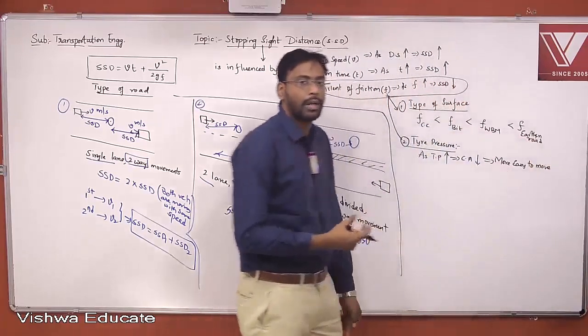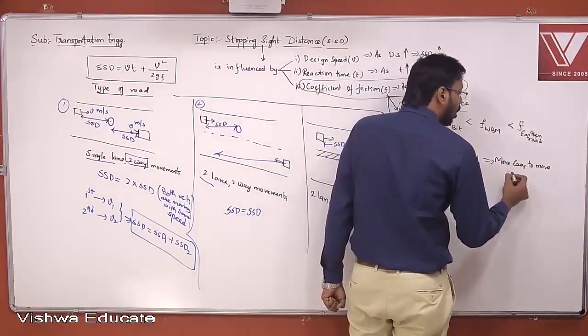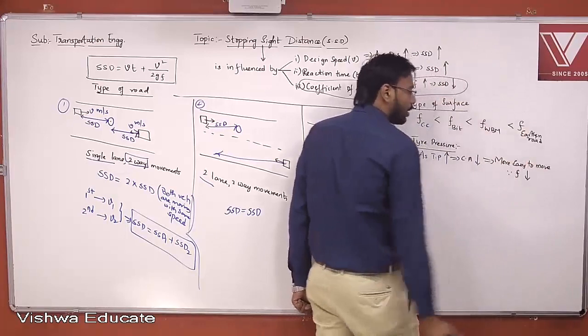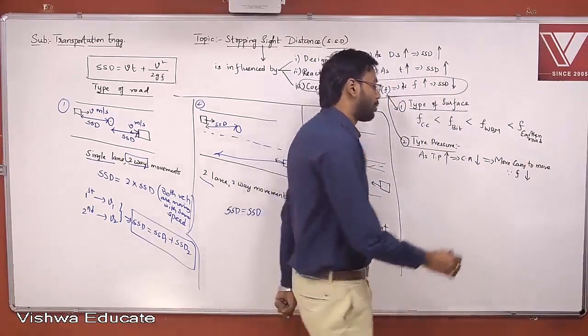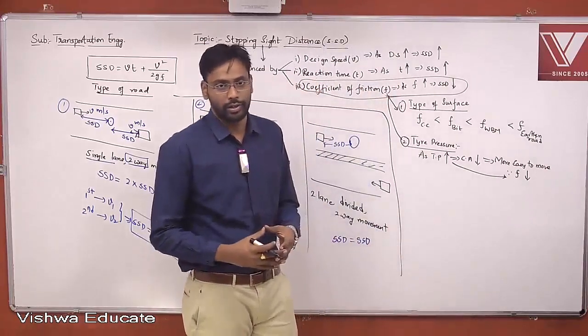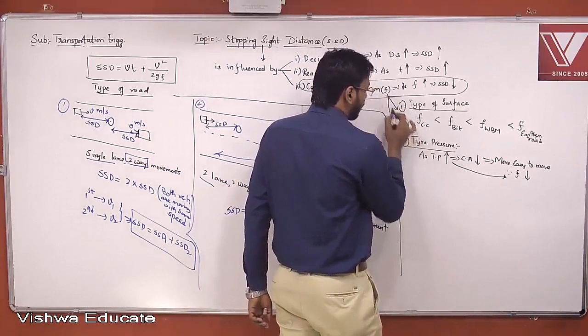Why is it easy to move? Because friction is lesser. So as the tire pressure increases, coefficient of friction decreases, right? Second one is tire pressure.